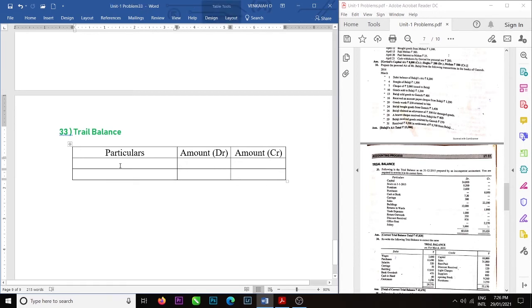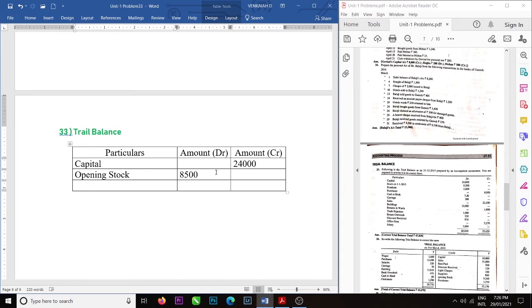First one is capital. Capital is a liability. Liabilities are credits. 24,000. Next item is opening stock, 8,500. Opening stock is an asset. Furniture is an asset, 2,600.